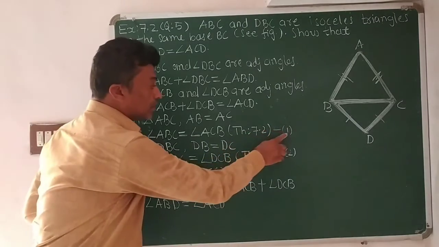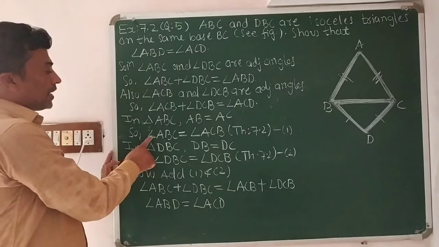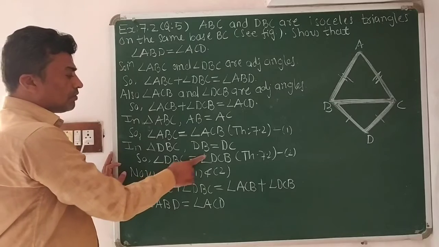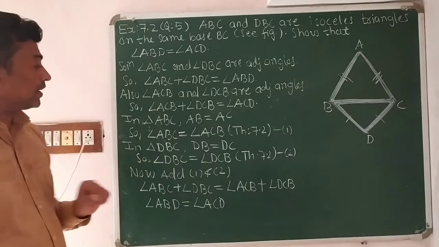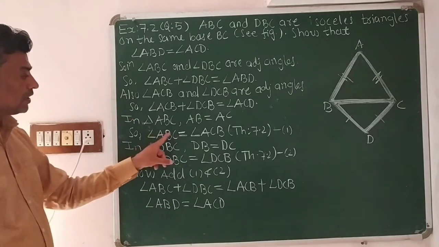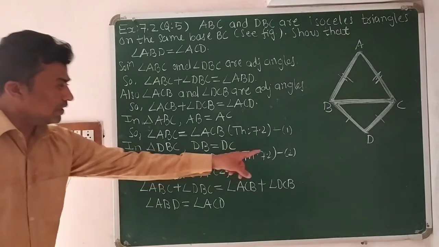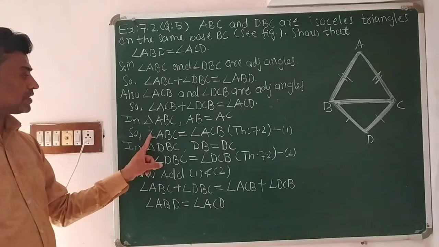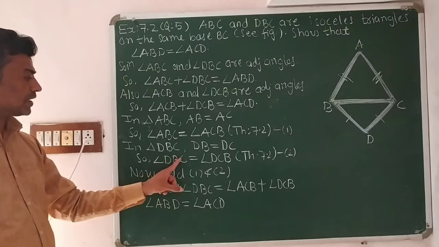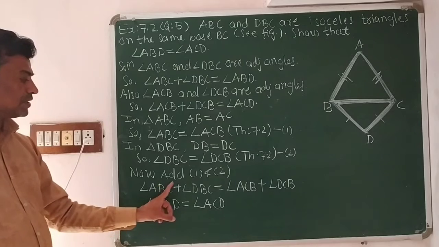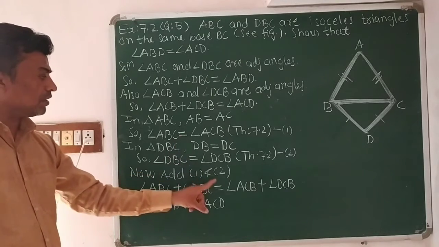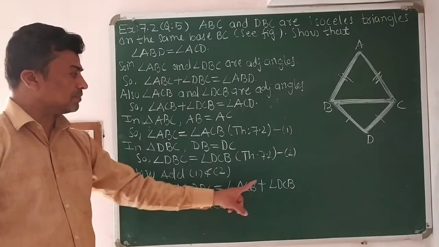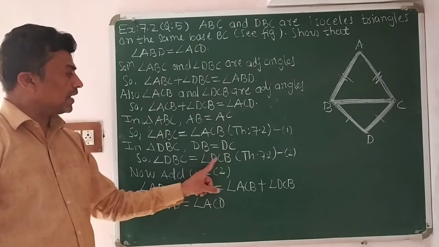Now we will add equation 1 and equation 2. Means angle ABC is equal to angle ACB and angle DBC is equal to angle DCB, both we add. Equation 1, angle ABC, plus equation 2, angle DBC, is equal to equation 1, angle ACB, plus equation 2, angle DCB.